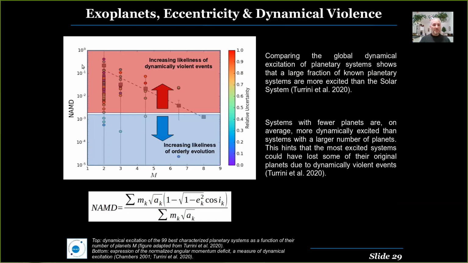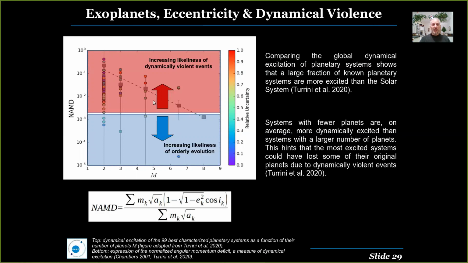In this plot, you can see a metric of the dynamical excitation, reported here, which is a function of the mass, the semi-major axis, the eccentricity, and the relative inclination of the planets in a planetary system, as a function of the number of planets in the system. This plot tells us 2 things.